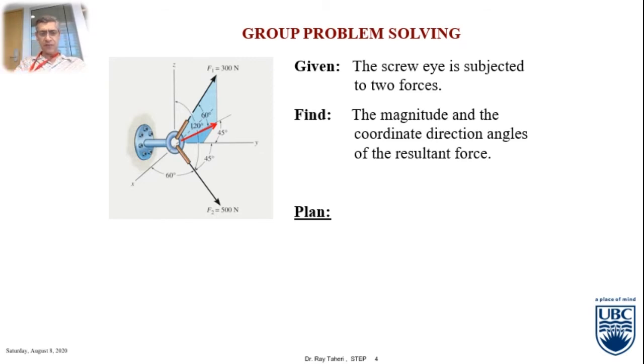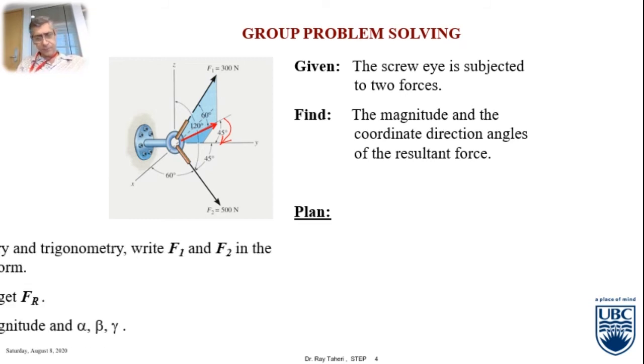Once again, you can see that for vector F1, we have the angle that it makes with the XY plane. We also have the angle the projection makes with Y. And then we also have the alpha, beta, and gamma. We have the magnitude pretty much the same as the previous question. We can simply solve the problem.